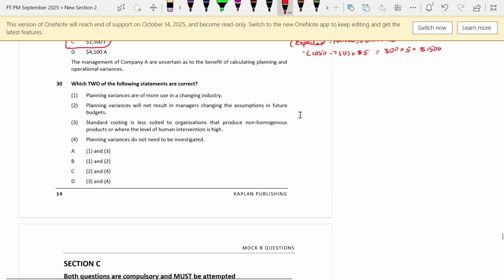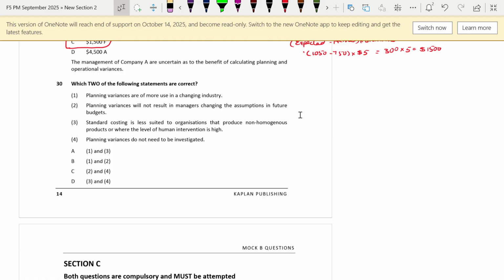Tell me the last one. Which two of the following statements are true? Read, understand and tell.